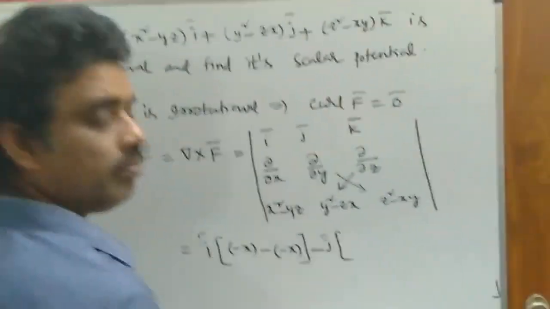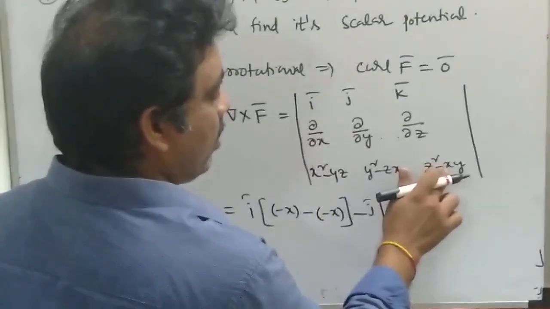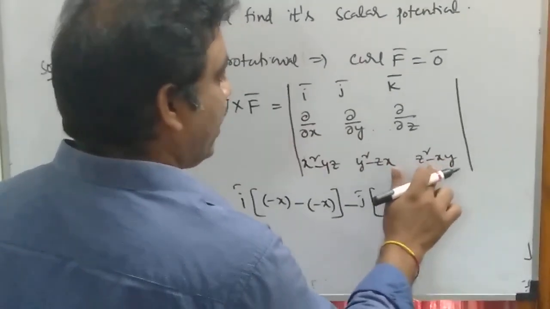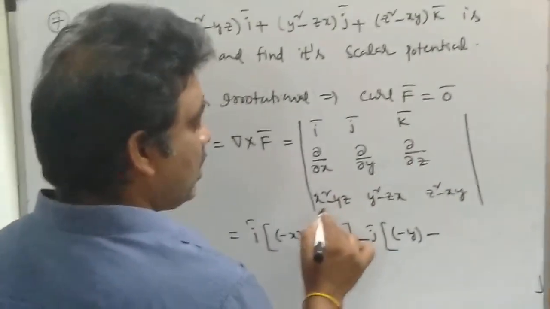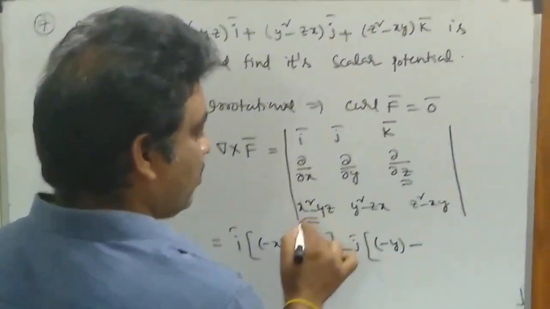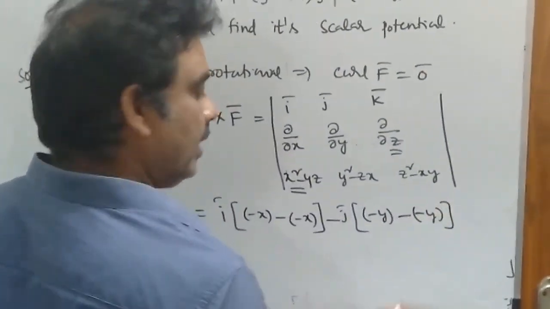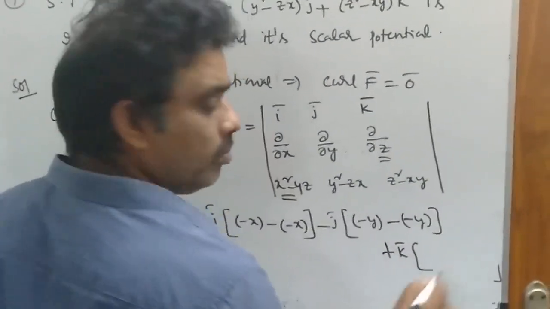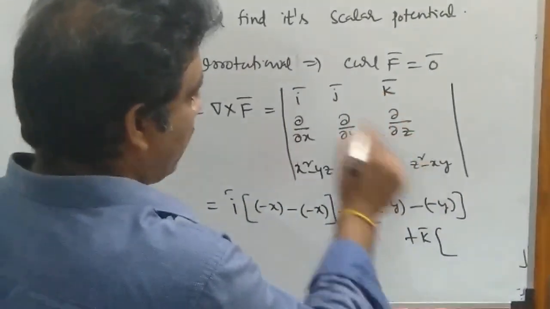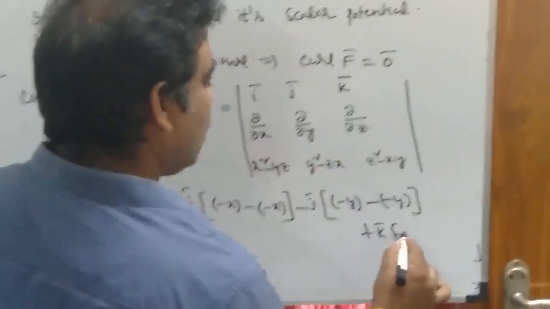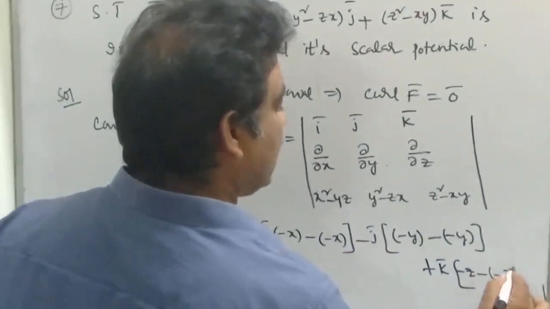minus j bar into dou by dou x of this term, dou by dou x of z square is 0, dou by dou x of minus xy is minus y, minus dou by dou z of this term, this is also minus y, plus k bar into dou by dou x of this one, minus z, minus dou by dou y of this one, minus z.